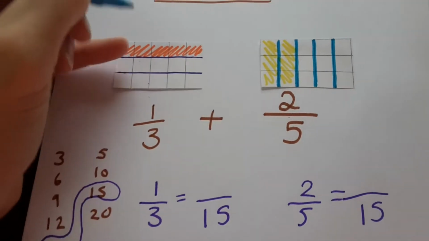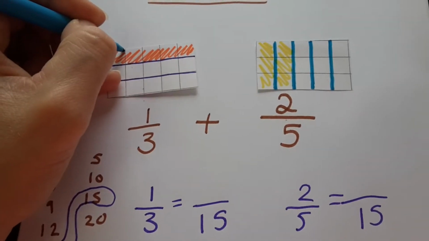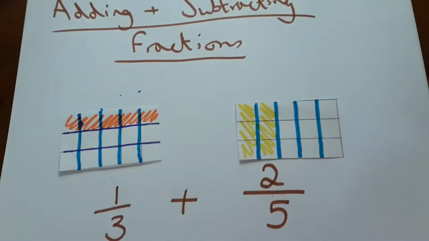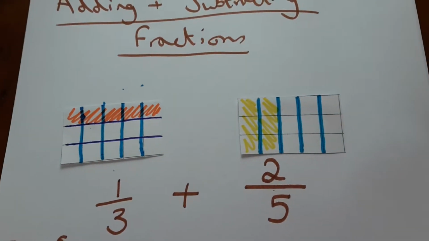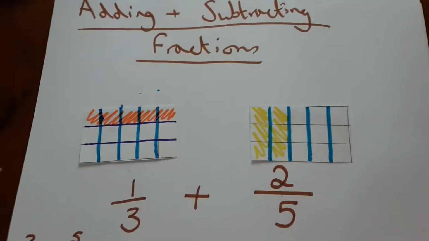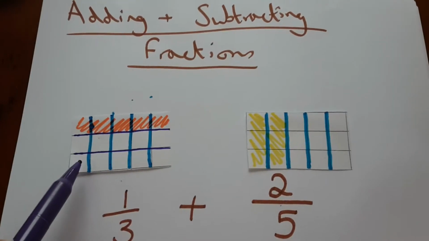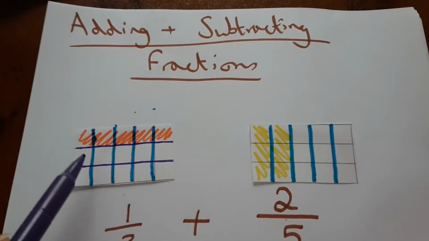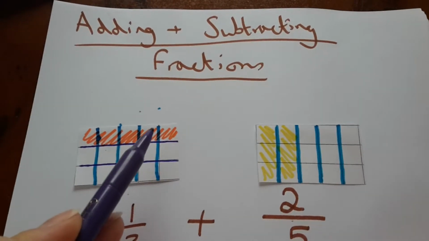So I've got thirds, and what I'm going to do is put a line down here. So now I have 15 pieces. 1, 2, 3, 4, 5, 6, 7, 8, 9, 10, 11, 12, 13, 14, 15.